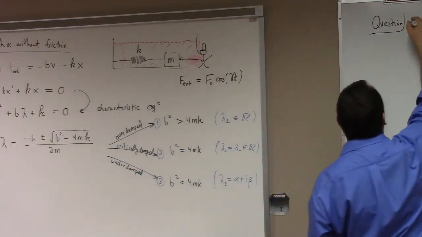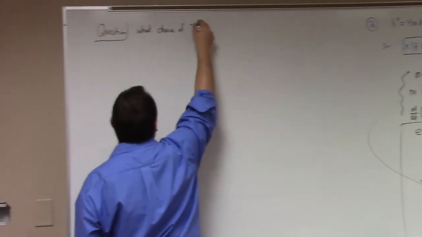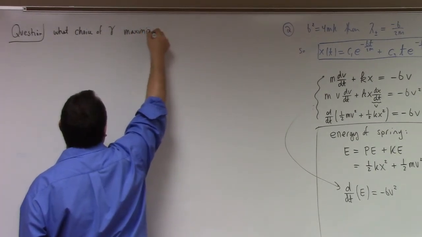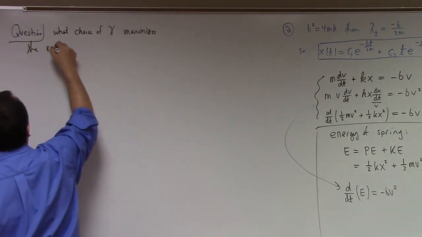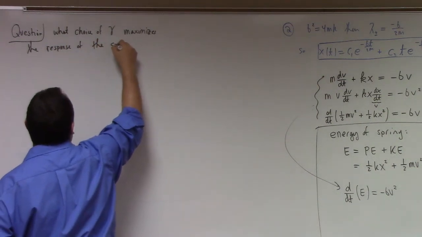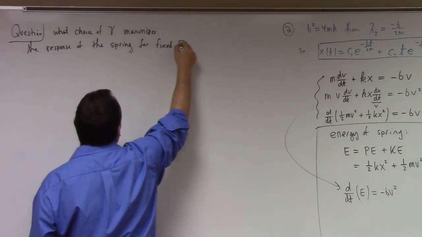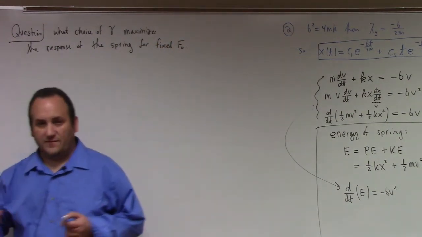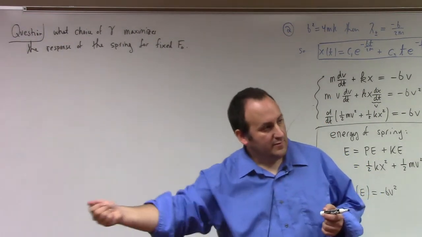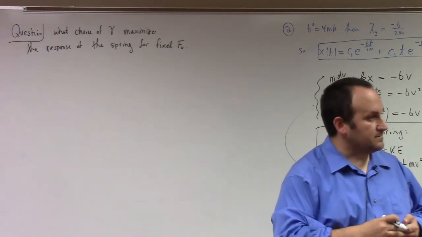So the question is this: what choice of gamma maximizes the response of the spring for fixed F naught? So he has a certain amount of force he can push and pull with, and he's pushing and pulling at the frequency gamma. Which frequency gamma is going to maximize the response of the spring in this situation?